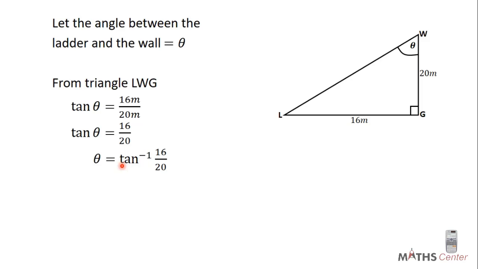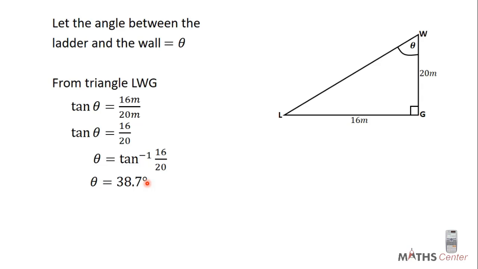So theta is equal to tan inverse of 16 divided by 20. We have learned how to find tan inverse on your calculator. So theta is equal to 38.7 degrees. You press shift, then you press tan, and you enter 16 divided by 20. That will give you tan inverse of 16 divided by 20, which is 38.7 degrees.